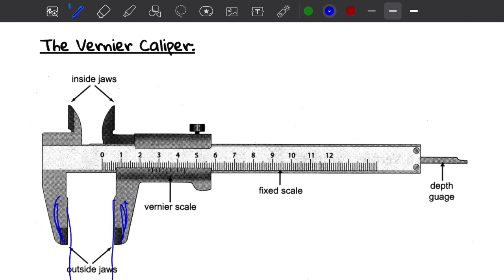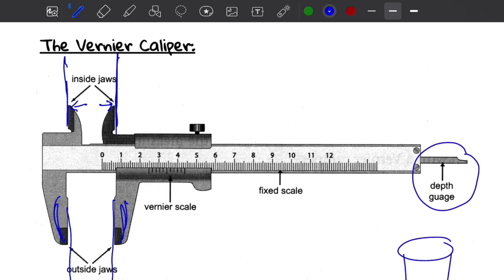The inside jaws go inside a circular object. So again, let's say I have a pipe. These would go inside the pipe, and then I would widen these to make sure that they fit snugly inside the pipe. Okay? The depth gauge would go inside a cylinder to measure how deep it is.